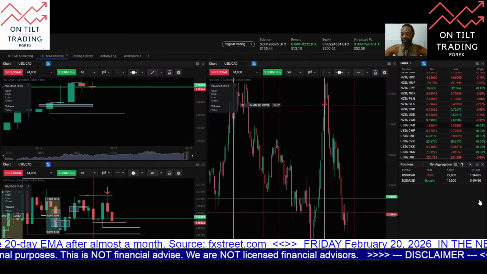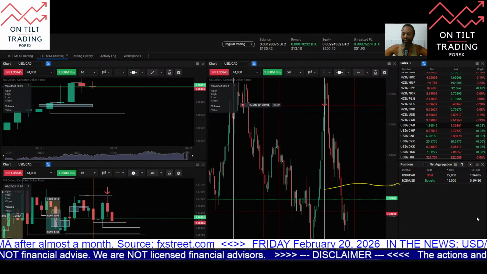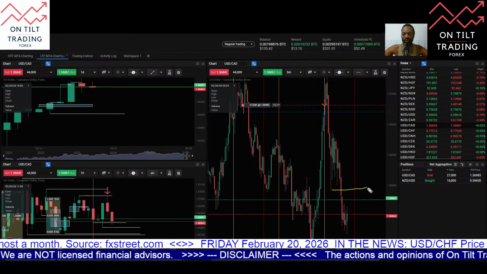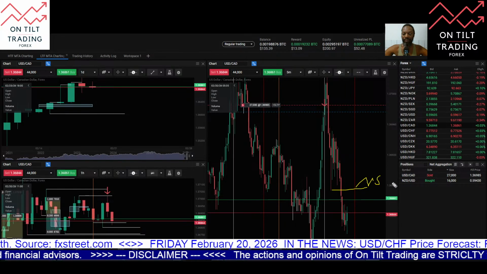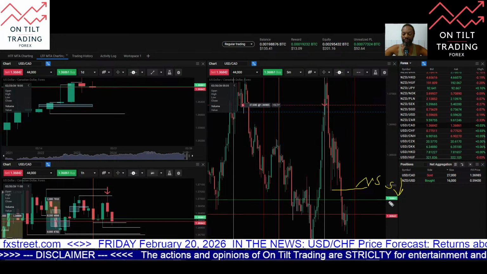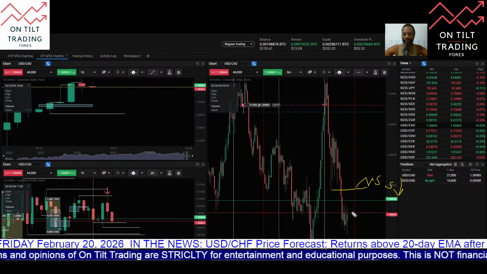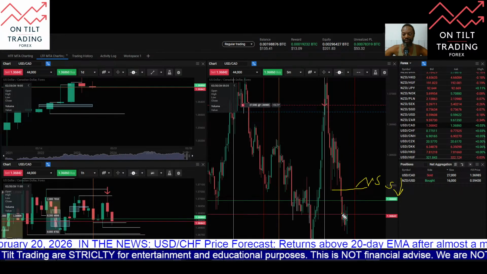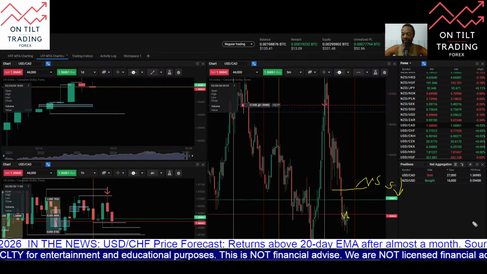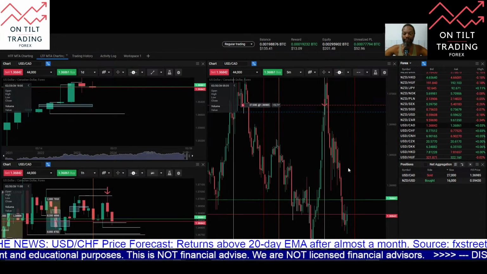It looks like here you get a market structure shift to the sell side. So seeing a return to sell side delivery, also seeing price potentially consolidating again in this area.